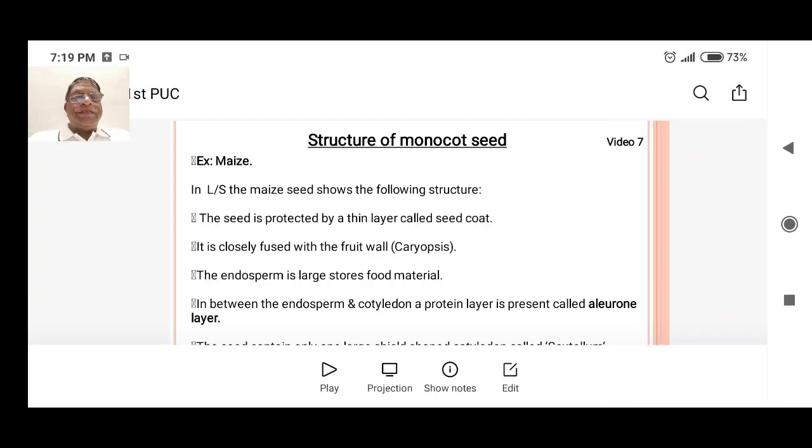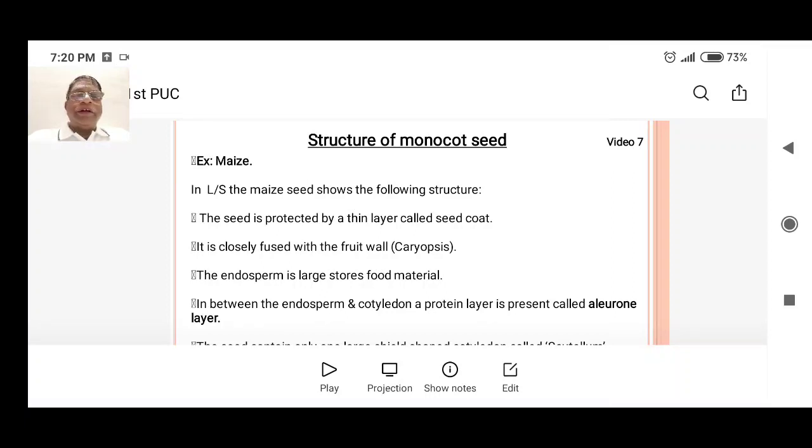The maize is, strictly speaking, a fruit. It is not a seed or a grain because it is the fruit of the family Poaceae. It has a seed coat.